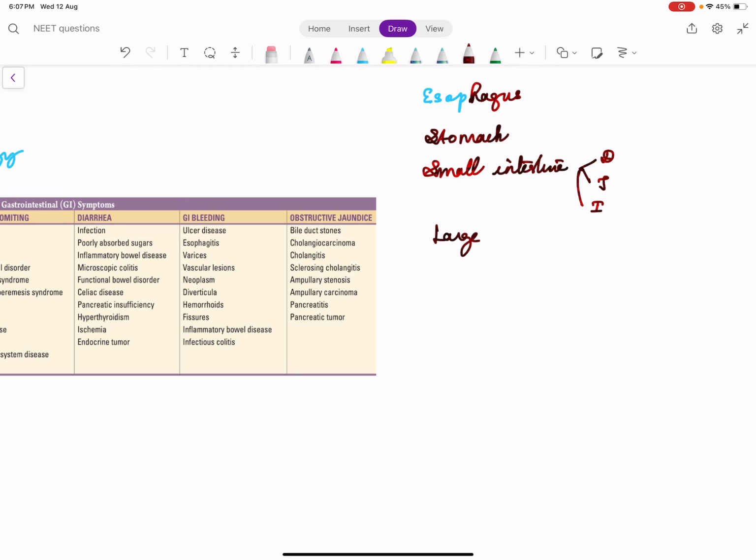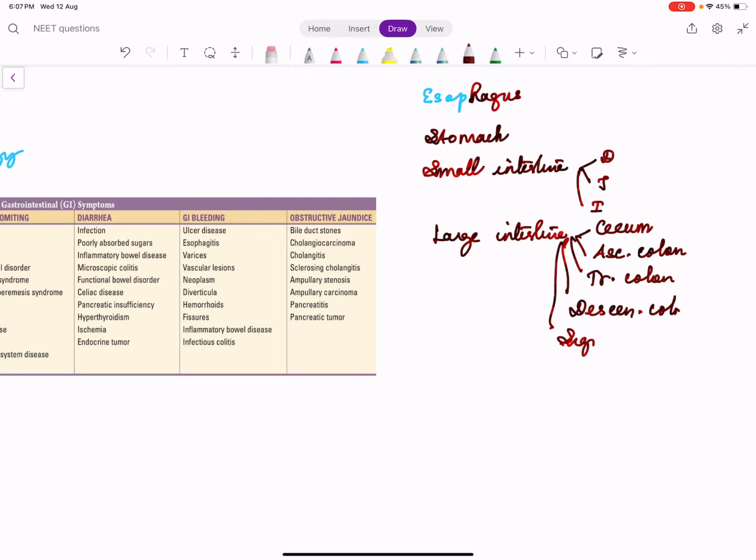Then we have the large intestine. The large intestine also has the cecum, the ascending colon, transverse colon, descending colon. Then we have the sigmoid colon and the rectum. And lastly, it ends with the anus.